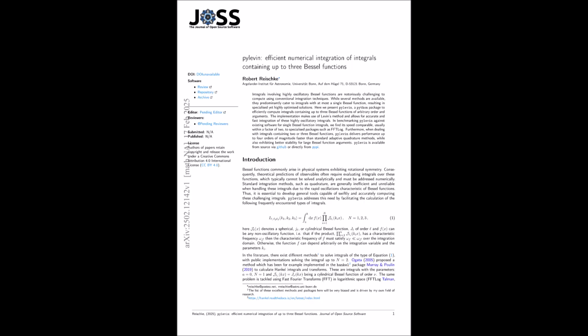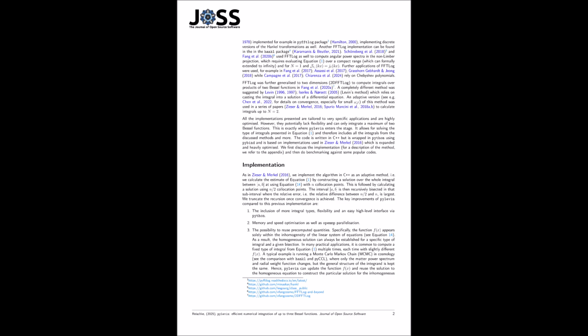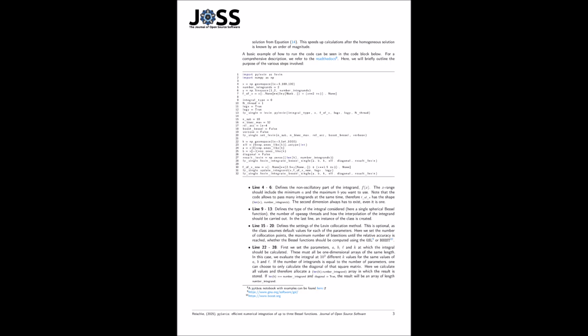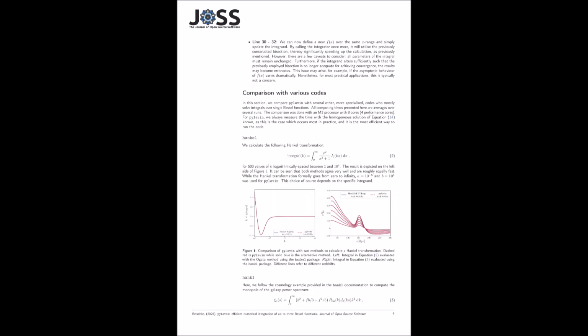If you take it off-road, it's not going to do so well. Whereas pylevin might not be as fast in that one specific scenario, but it's more like an off-road vehicle. It can handle a wider range of rough terrain and challenges. That flexibility is really important, especially if you're exploring new stuff when you don't know what those assumptions are.